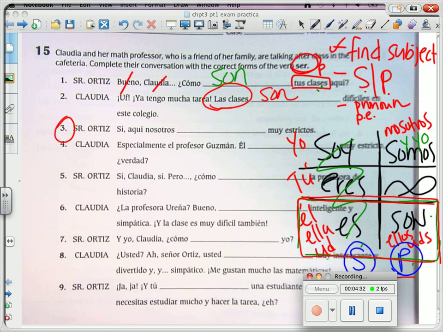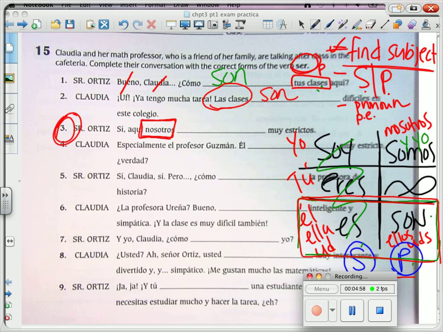Okay, so we're on number 3. Let's talk ourselves through it. The first step is that we have to find the subject. Sí, aquí nosotros blank muy estrictos. What's my subject? It's not going to be yes, here we blank very strict. So yes, here we are very strict. Who's very strict? We are. And this is the we word. All right, so now I need to ask myself, is we singular or plural? What side of the chart is it going to be on, the singular side or the plural side?